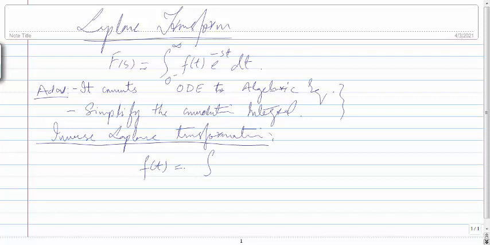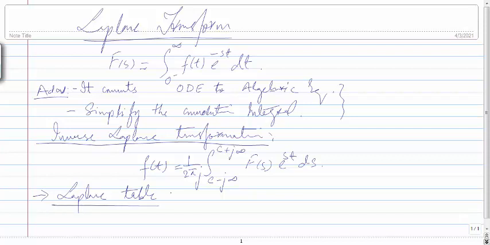For that we have a formula which is also based on integration, but this formula is a bit complex. To overcome this, a Laplace table was developed to simplify calculating the inverse Laplace transform.